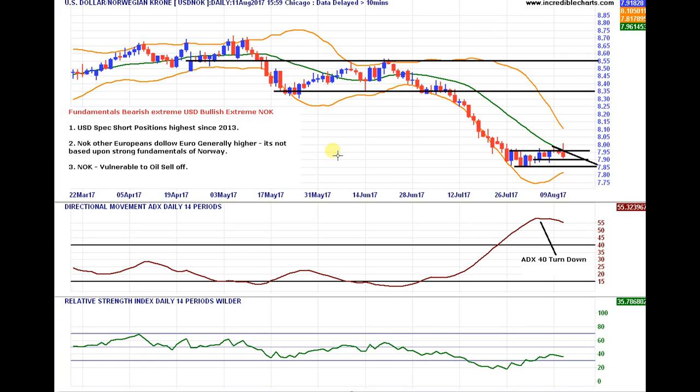And I've said it before, I do like trading these more minor pairs because you do get fantastic risk reward trades, right or wrong, and you don't have so much speculative interest in them. So I've always found them attractive to trade. So that is my review of the USD against the NOK.